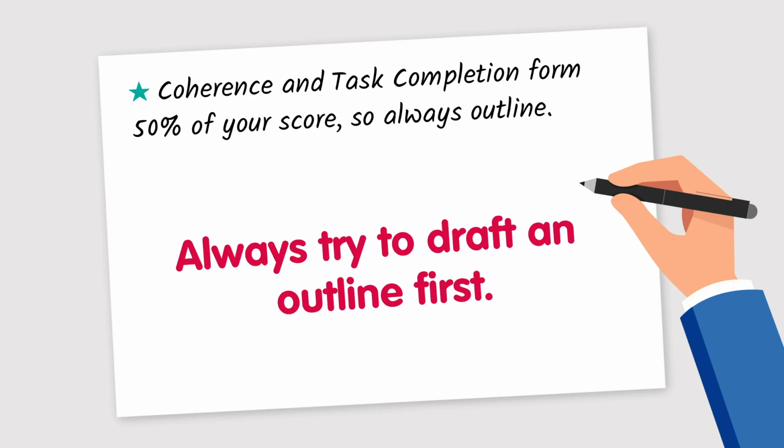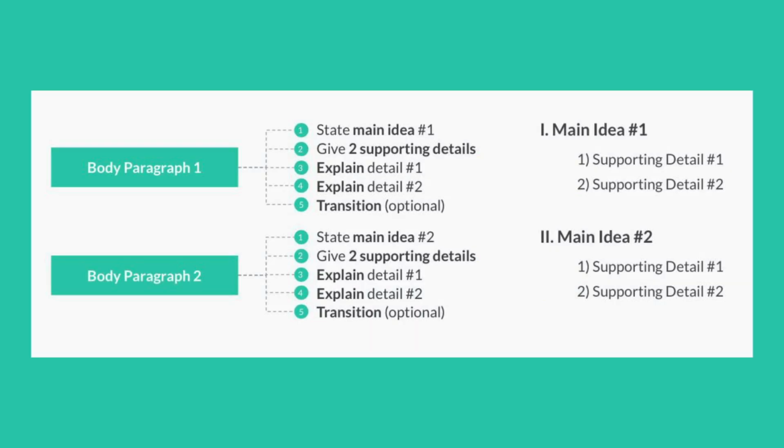All right, let's take a look at the format of our outline. As you can see, there are basically 2 body paragraphs. Sometimes it can be 3. And as you know, in our body paragraphs, the structure is we state our main idea, and then we give 2 supporting details, right?